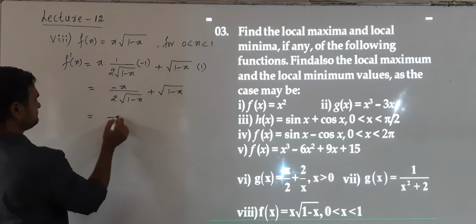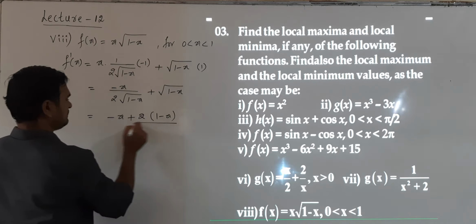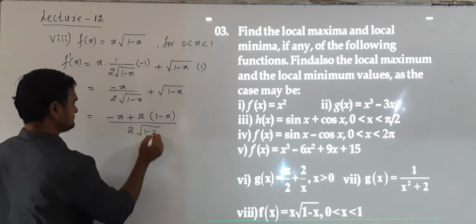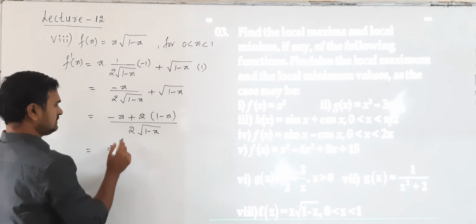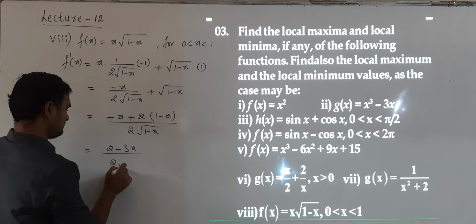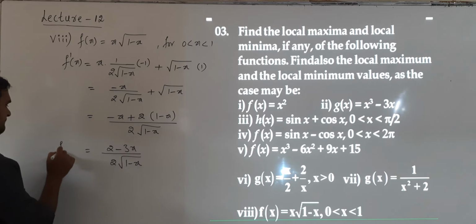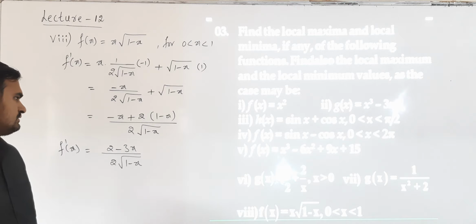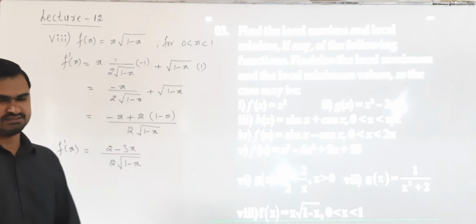Just take the LCM: minus x plus 2 into 1 minus x divided by 2 root 1 minus x. So total is 2 minus x minus 2x, minus 3x, divided by 2 root 1 minus x. Okay, so this is the first derivative: 2 minus 3x divided by 2 root 1 minus x.